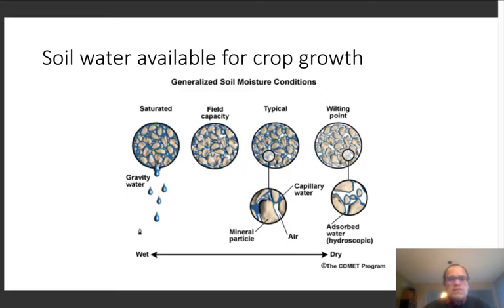That's this case here on the far left. As you move to the right, it's drying out. A capacity here where you can no longer squeeze the water out with the force of gravity. It still has some air pore space. You can dry it out a little further, a typical case, until you get to a point where the plant itself starts to wilt. Those are the plants in my office.